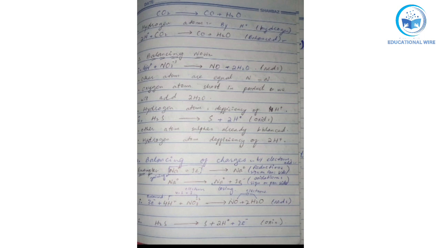Let's move towards our equation that we have to prove balanced. So our equation was 4H plus, after that we have a plus sign, and here we have NO3 minus 1, and here I am writing it down, we have NO plus 2H2O, that we have proved by balancing the atoms in it.